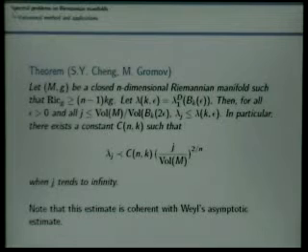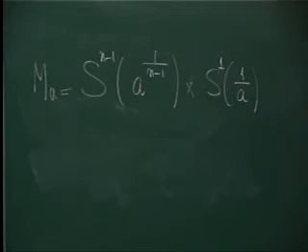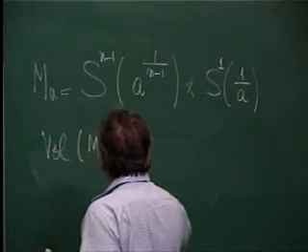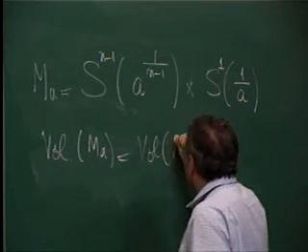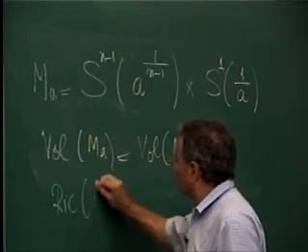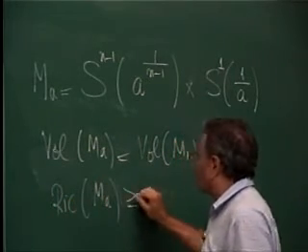That's a product manifold, so we know how to compute the eigenvalues. You can see that the way I put the constant is so that the volume of M_a is constant. And you see that the Ricci curvature of M_a is always non-negative.